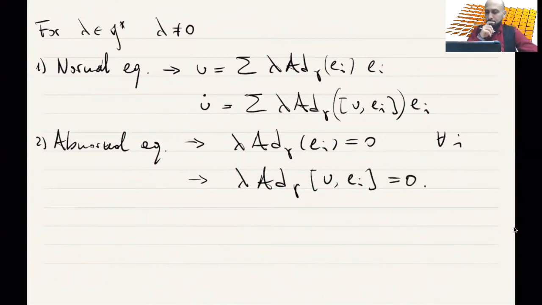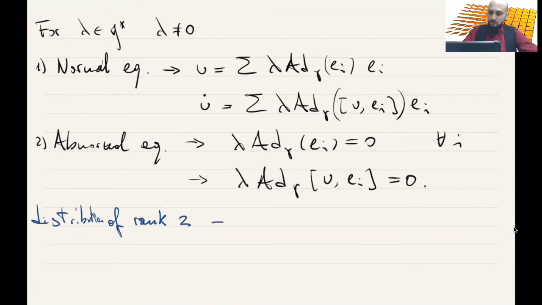Okay. Now, let's try to deduce some formulas, some consequences in some special cases. For example, what happens if we take now sub-Riemannian groups of rank 2? Maybe I should say the distributions of rank 2. What does it mean?